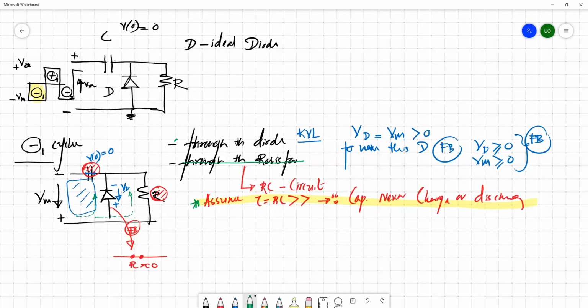This is the path where you can see current flow. If you connect a resistor and a diode, and the diode is forward bias, then the current flows through the diode, not through the resistor.